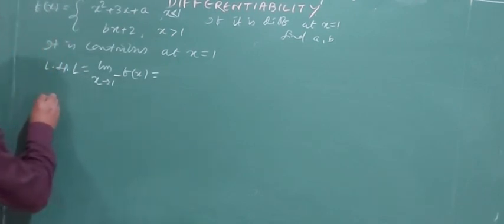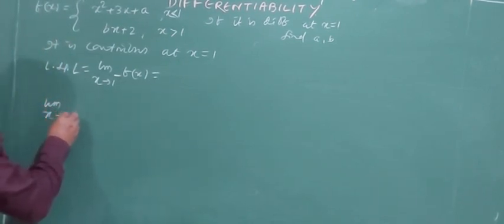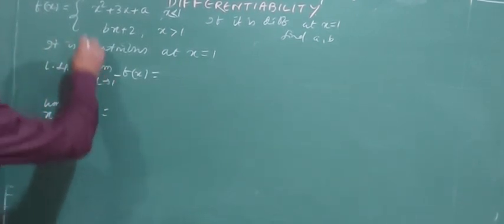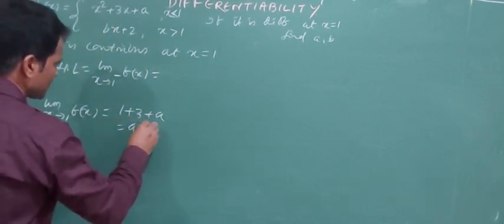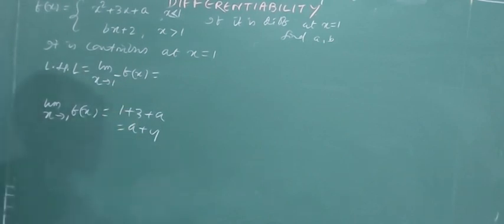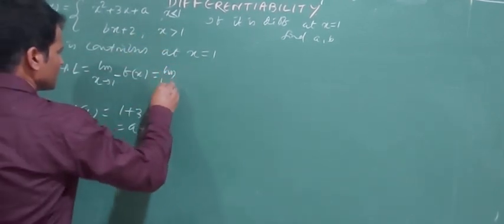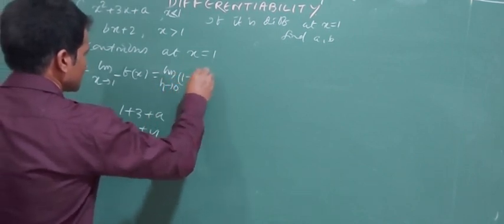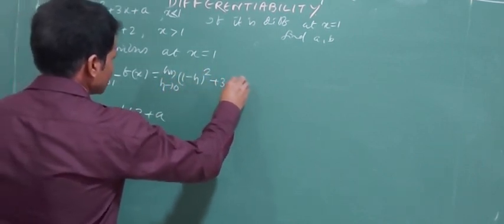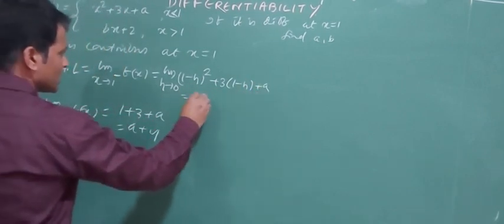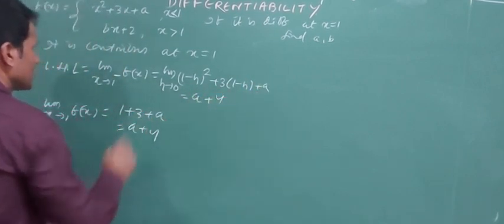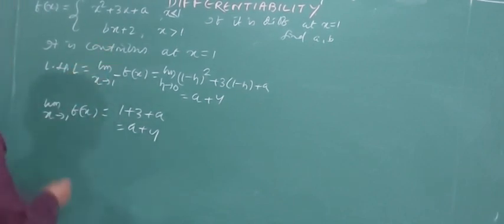I can write limit x tends to 1 f(x). Directly replace here: 1 plus 3 plus a, plus 4. The same way I get here as well, because they are the overlapping conditions. Limit h tends to 0, (1 minus h) whole square, 3 into (1 minus h), plus a plus 4. Replace h with 0, I get a plus 4. So both are equal.